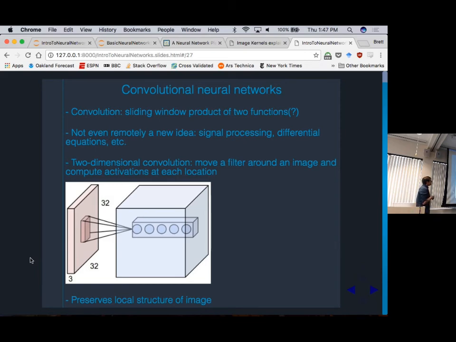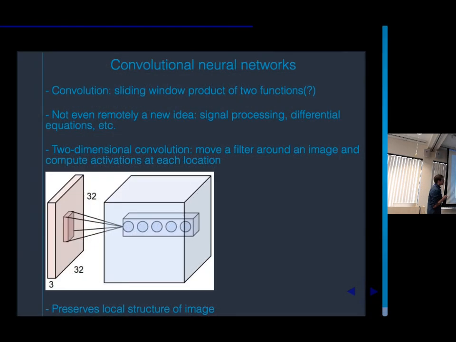So the idea of a convolutional network, they're usually used to look at 2D images. Okay, so think of this here as a 32 by 32 image. It has 3 channels, so red, green, and blue is usually the way that these are represented. So we have a 32 by 32 by 3 input block. And the idea is we want to learn to recognize patterns in the data that occur in little local regions.